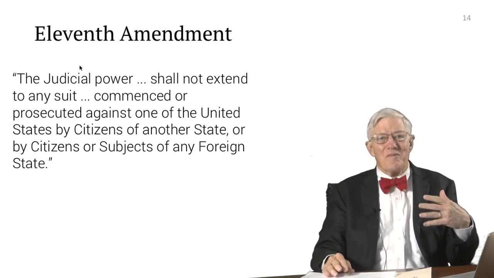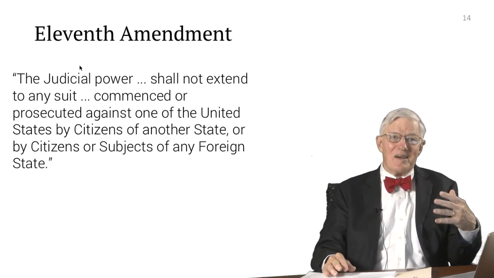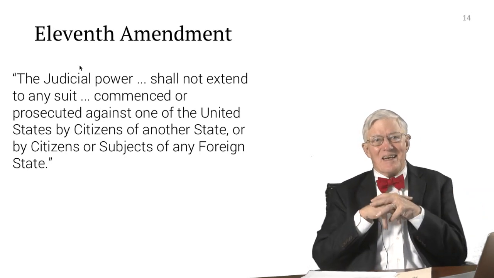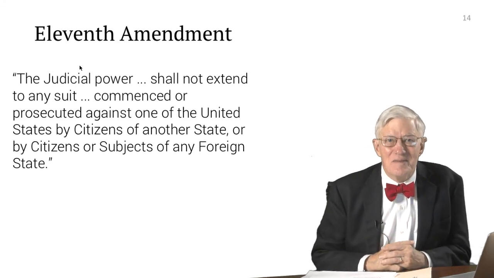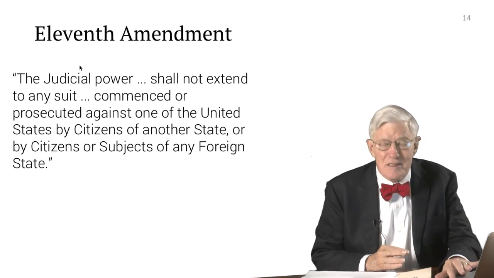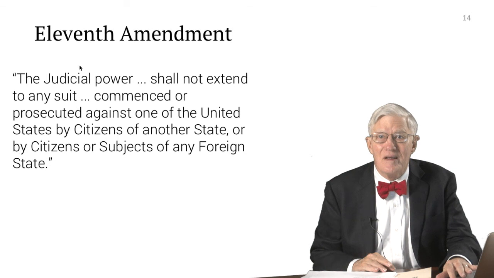And so when that compact is not working properly, what remedy does the state have? A state has to sue another state only before the United States Supreme Court. It may not achieve certain kinds of remedies because of the 11th Amendment.